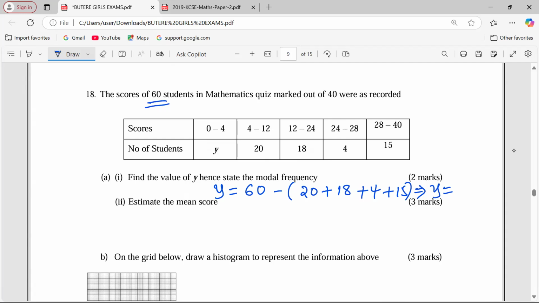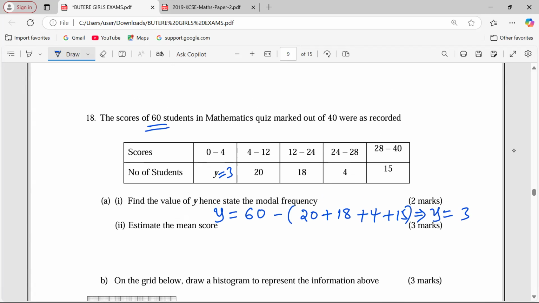That gives us exactly 3. So we have 3 students here, and when we add all of them, we get 60 students. Now, in the next question, we've been asked to estimate the mean score.